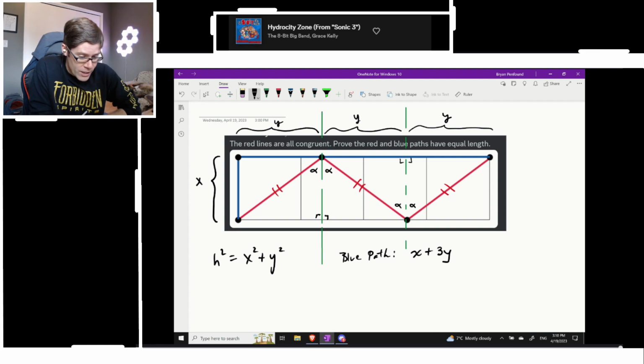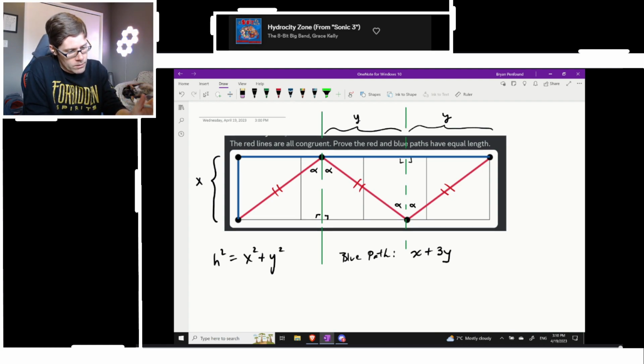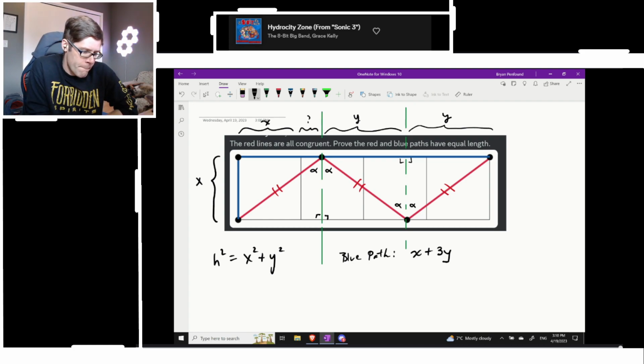I guess I could get rid of y, couldn't I? I could probably get rid of y by, if we assume these are squares, we could probably say this is like x plus some unknown. I'm not sure that's helpful though.